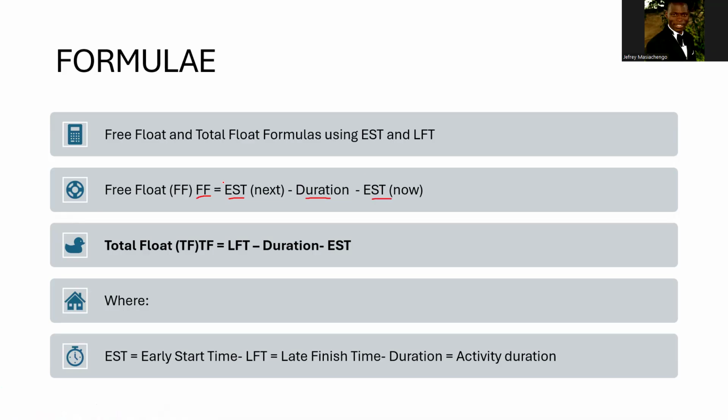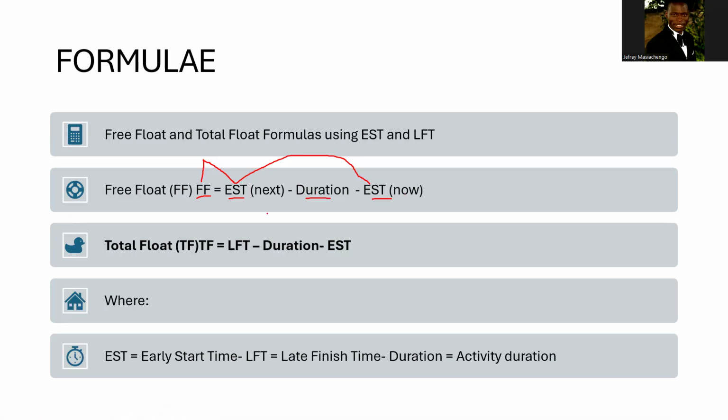You can actually see the two F's; it's a simple clue that we have two ESTs. So this formula is easy to remember: FF, free float, is equal to the EST of the next activity minus duration and minus the EST of the current activity.